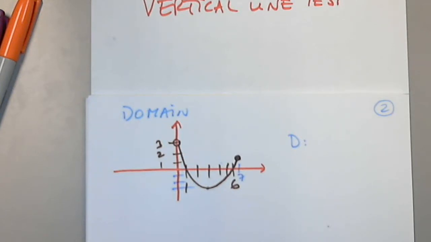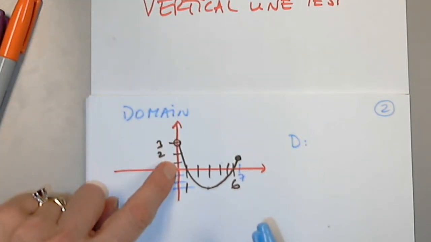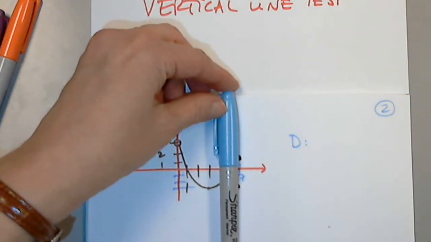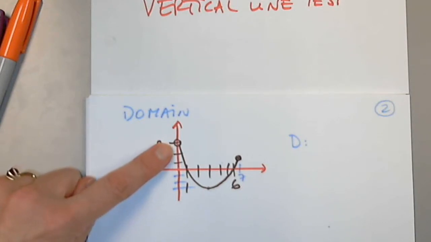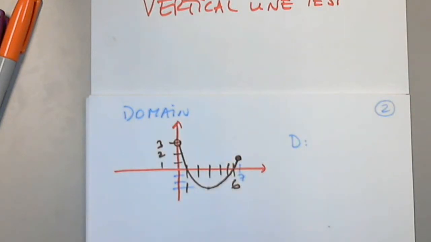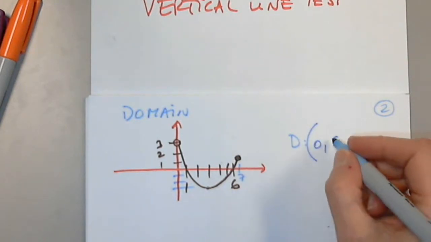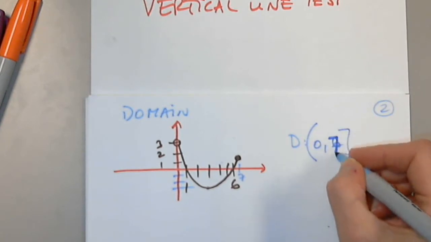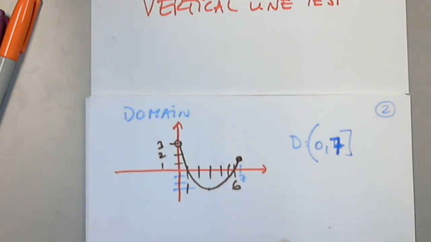When I establish the domain, I always look at the leftmost point, which happens to be this one at 0, and the rightmost point, which happens to be this one at 7. Because this point does not exist, it's an open point, and because this point exists, how would we write the domain? Parenthesis 0, comma 7, bracket. I meant to write 7. Very good. Do we all agree with the domain between 0 and 7?